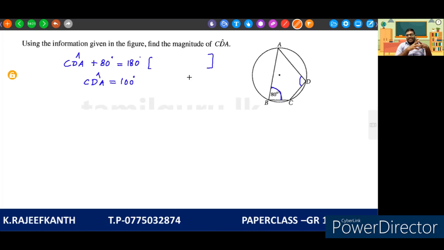That is a good way to express the answer. So here angle CDA and angle ABC are opposite angles of the cyclic quadrilateral ABCD. So we know that the sum of those two angles will be equal to 180. So angle CDA is equal to 100 degrees.